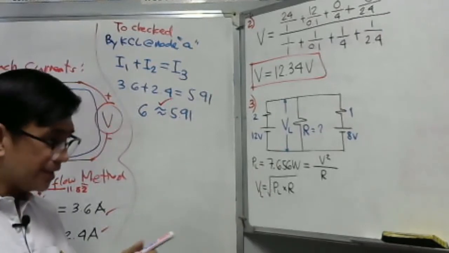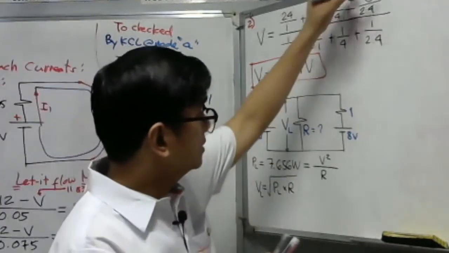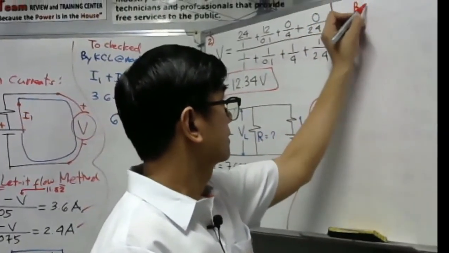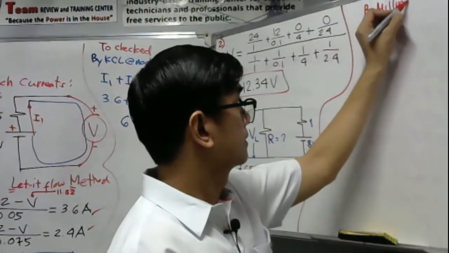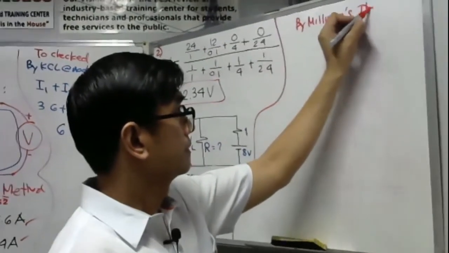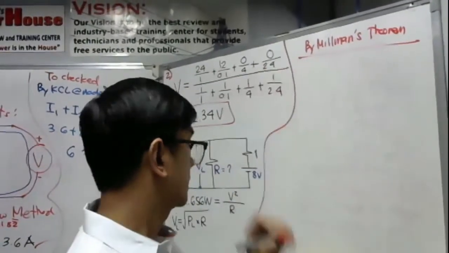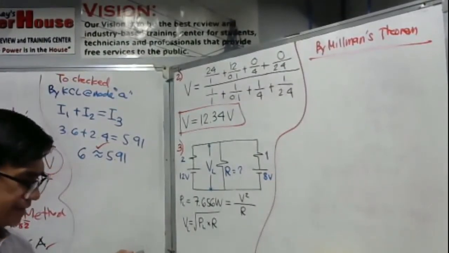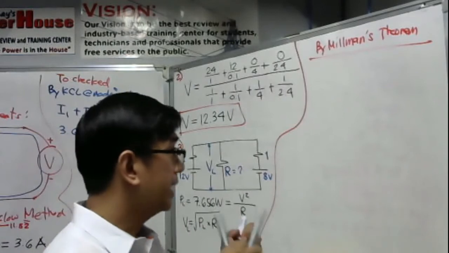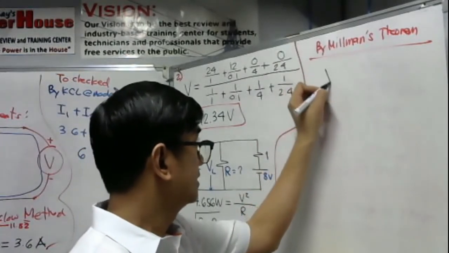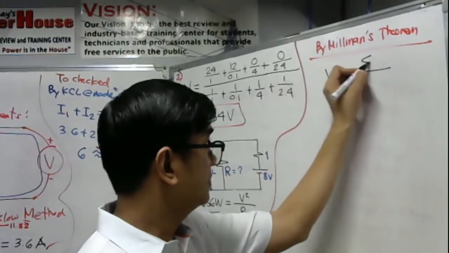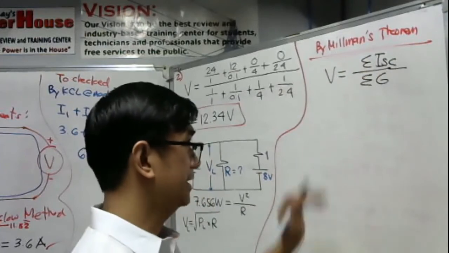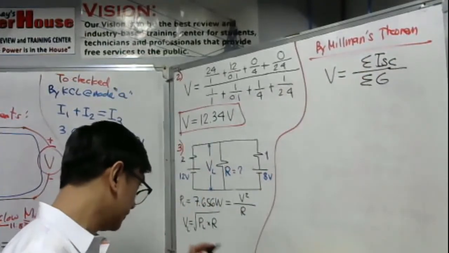Now, using Millman's theorem, again, our formula is the voltage is equal to the circuit current over the summation of the conductances. Now, what is our V? That is our VL here.